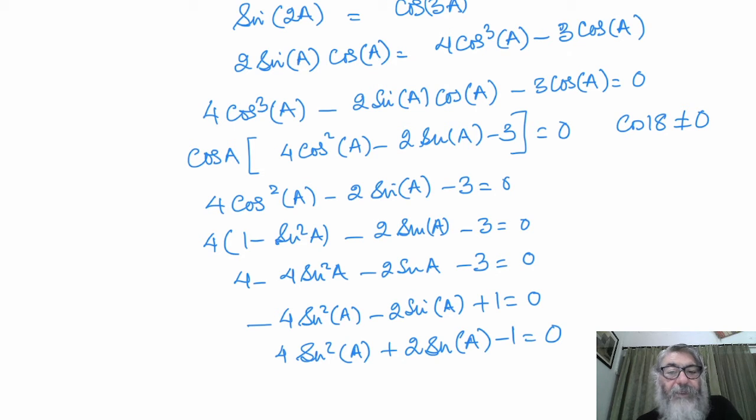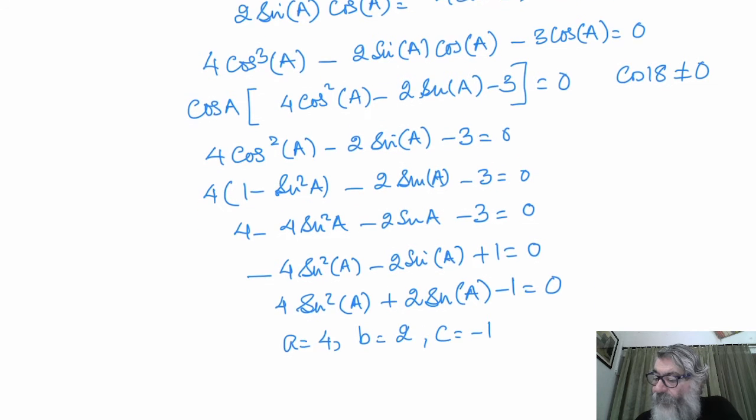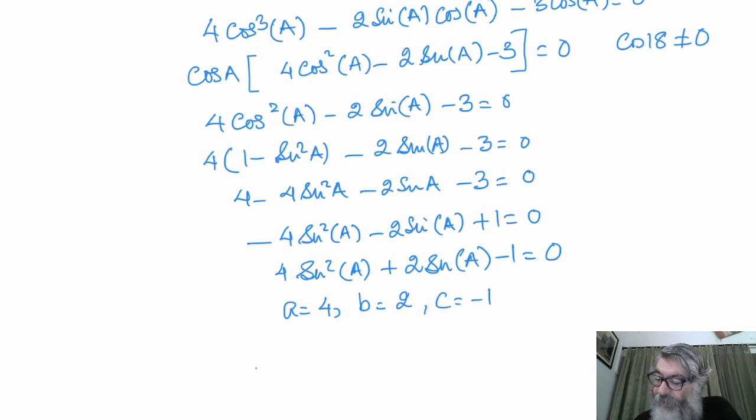What difference does it make? Nothing, except I have changed the signs, because a will be 4, b will be 2, and c will be minus 1. It is convenient. And now I can apply the formula for calculating sin A.